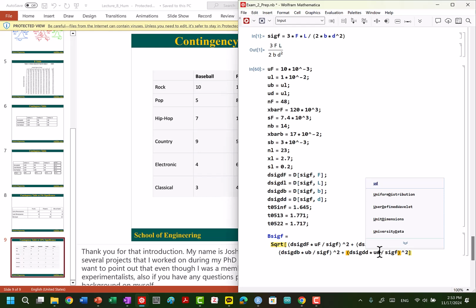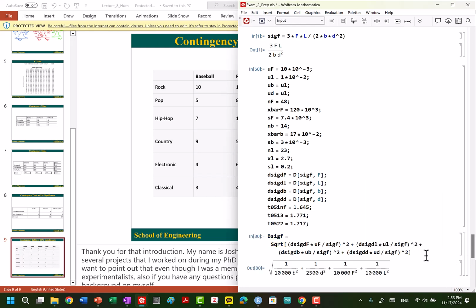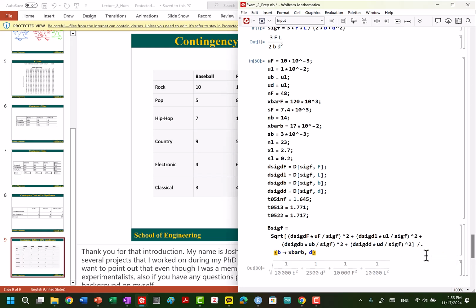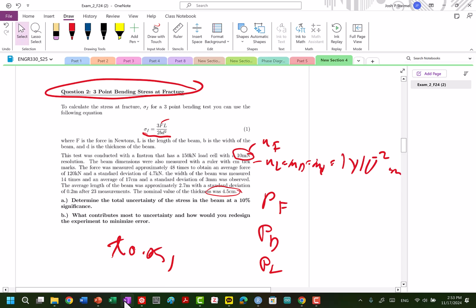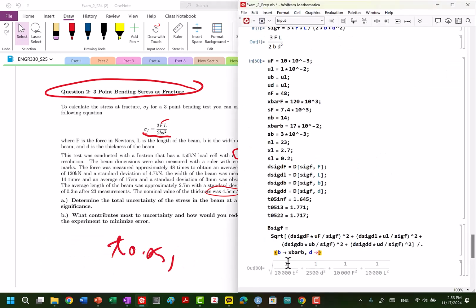Here we go. And then we need to replace. B goes to X bar B. D goes to, in the problem statement, I believe that we're told that the nominal thickness is 4.5 centimeters. So that's going to be 4.5 times 10 to the minus 2.